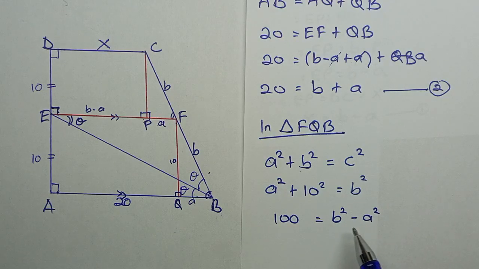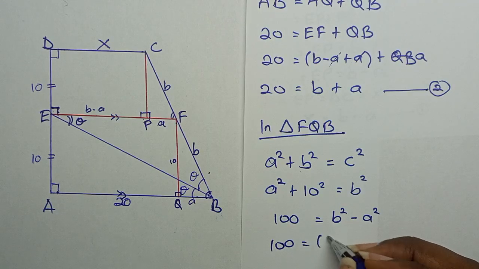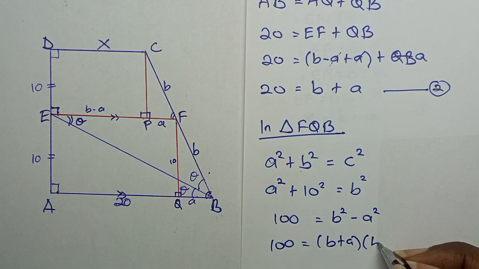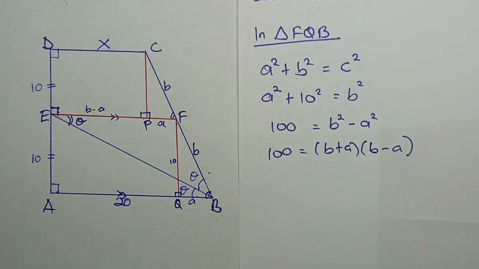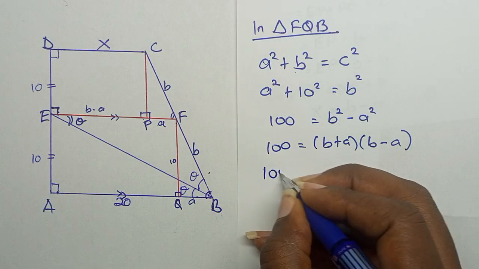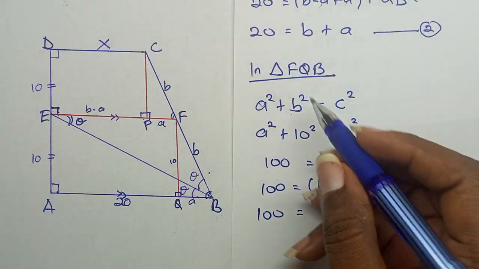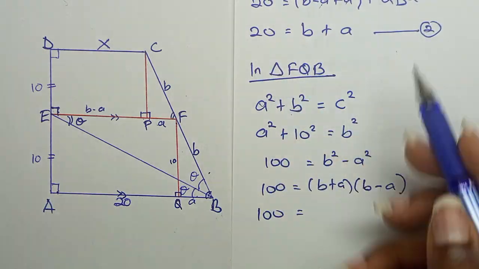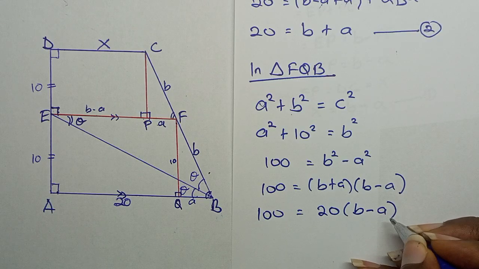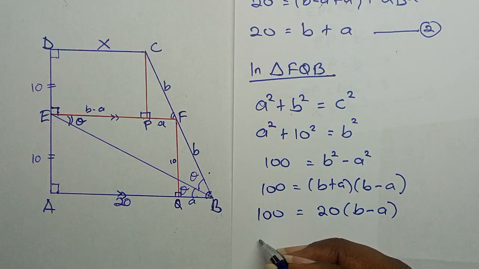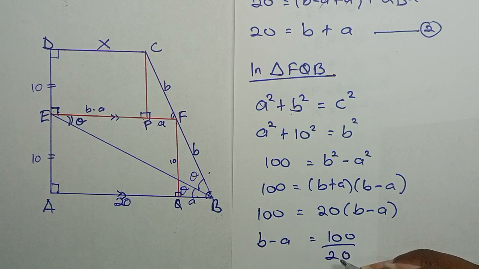You realize that this is a difference of two squares. So we shall have 100 is equal to B plus A times B minus A. So 100 is equal to, remember we got B plus A as 20 in equation 2, so this is 20 times B minus A. So we make B minus A the subject, which is 100 over 20.